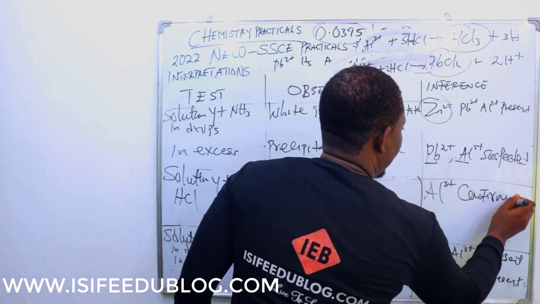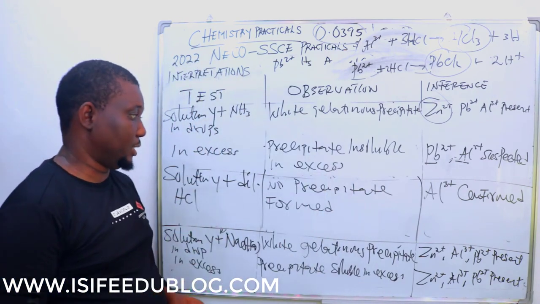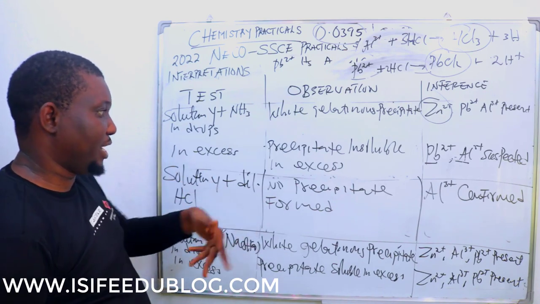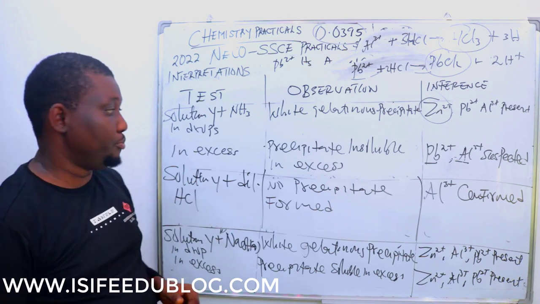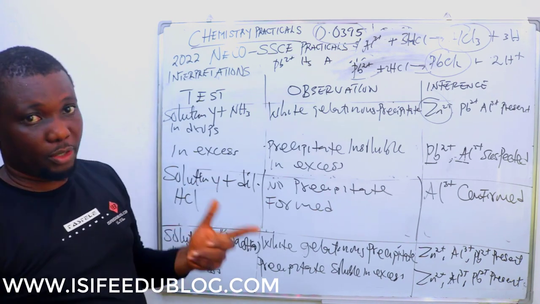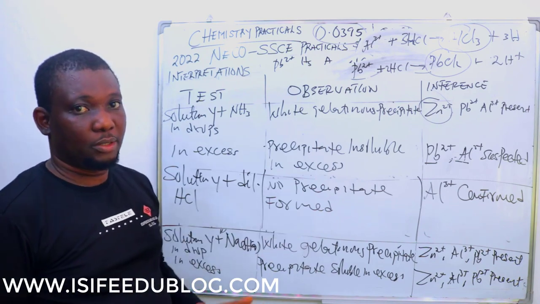Confirmed. At this point, there are so many ways to confirm this, but this is the level we can go as far as NECO is concerned. There is no provision for so many things you can use to verify whether the salt is aluminium, but it's the information given in the white paper, it should be with HCl. If it is actually lead, but we are not dealing with lead in this exam, there will be a white precipitate, which dissolves on heating and reappears on cooling.